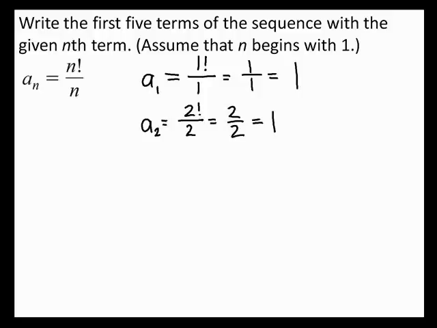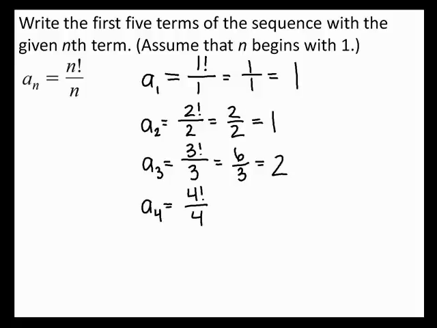Substitute 3 in for n. Simplify 3 factorial. Simplify 6 divided by 3. You find that a sub 3 is equal to 2. Substitute 4 in for n. Simplify 4 factorial. Simplify 24 divided by 4.